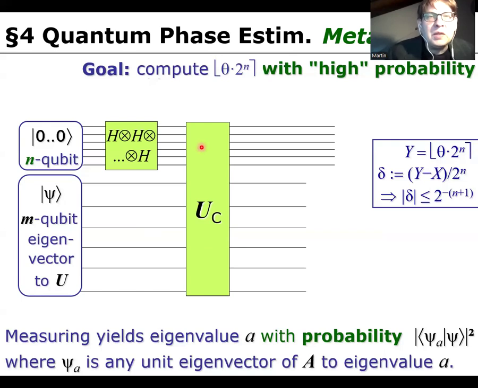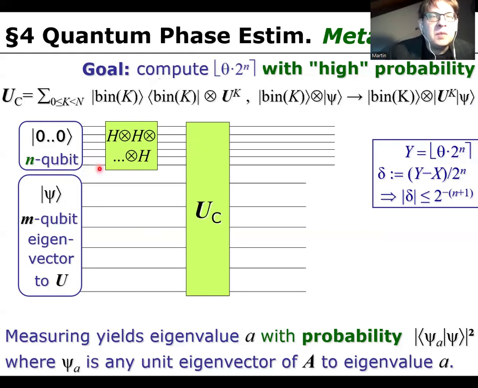But here we use it depending on the value of all n qubits. Namely, what we do here is if the first n qubits encode the binary number k, then apply the kth power of the unitary matrix U to the other m qubits. And we do that for any possible choice of k. So this is expressed by this sum here.